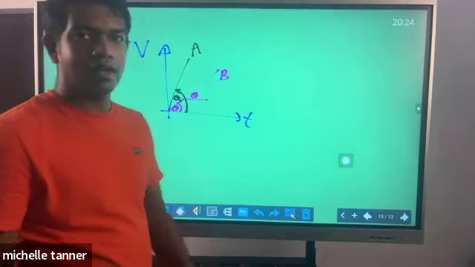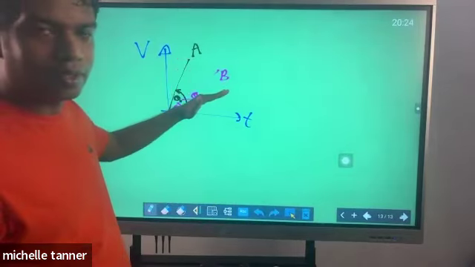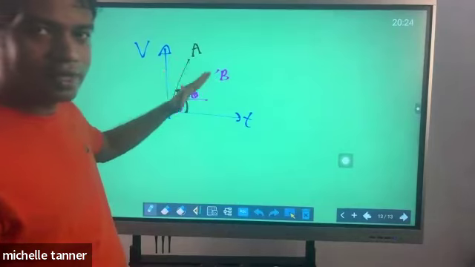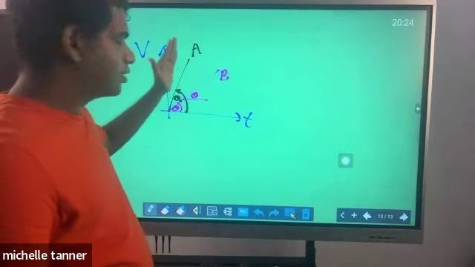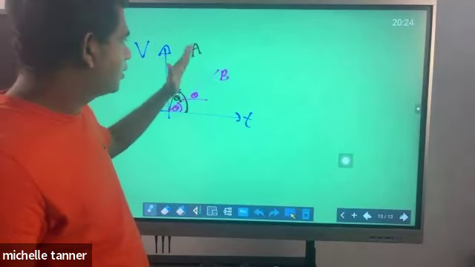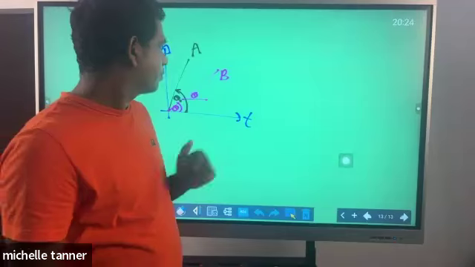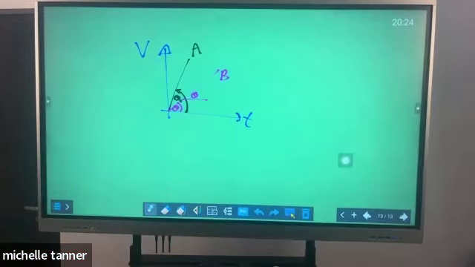Therefore, the acceleration of A is higher than B. Right? When the gradient is high, the acceleration is high. Object A has higher acceleration than B. Right? Draw the graph and write down.